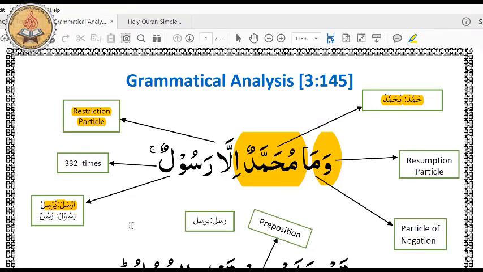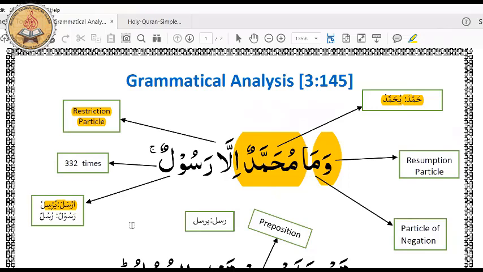Arsala means he sent, he dispatched, and yursilu, he sends. This is the present. Arsala, for example, وَأَرْسَلَ عَلَيْهِمْ طَيْرًا أَبَابِيلَ in Surah Al-Fil, and this word has come many times. And yursilu, the one who sends. So the Rasul is the messenger who has been sent with a message.